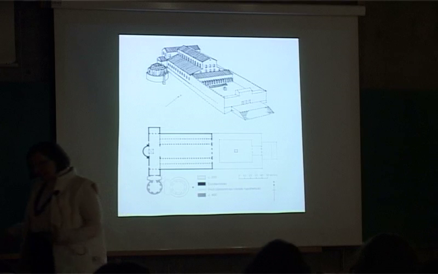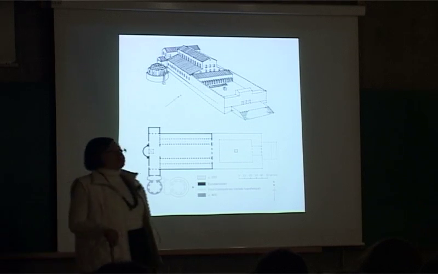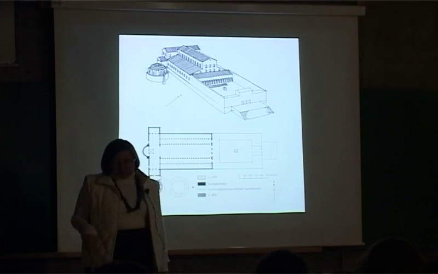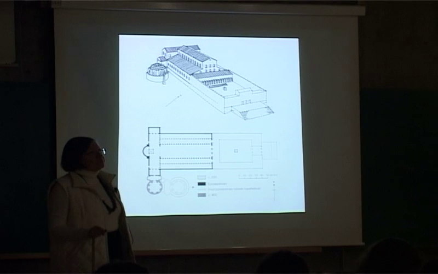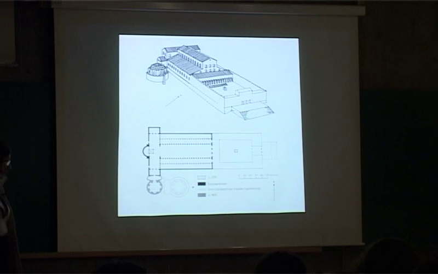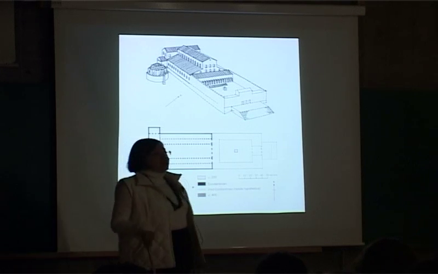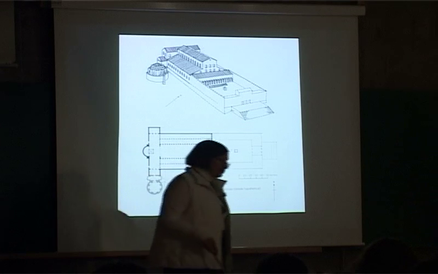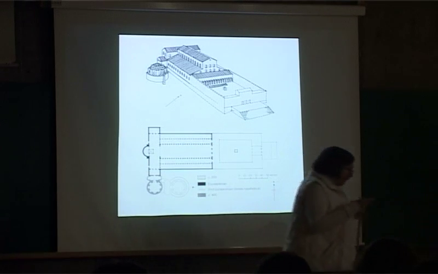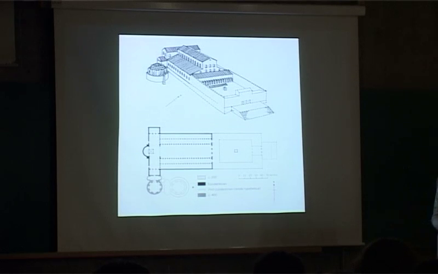We have seen a few examples of basilicas, and the basilica is a rather neutral building type. It could be used for commercial purposes, it could be used as a shelter, it could be used for legal purposes, and it was devoid of some of the imagery that the rich Roman imperial structures embodied.